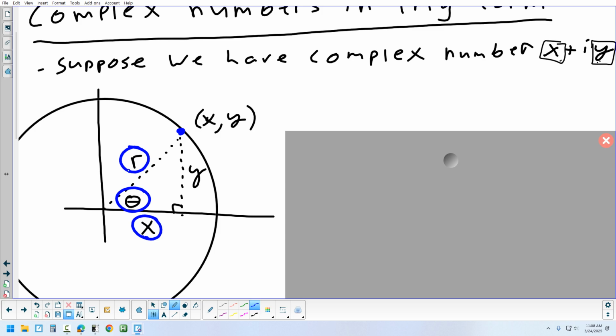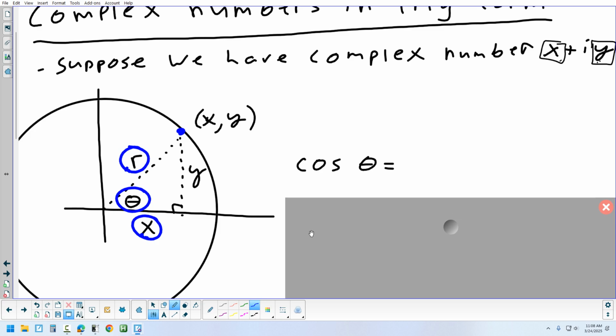If you're not sure, think about the position of this side, think about the position of that side, and then ask yourself what trig function has those two in it. Cosine, yep. So we're going to start with cosine. And the cosine of my angle would equal what over what? X over R. It would equal adjacent over hypotenuse, which is x over r.